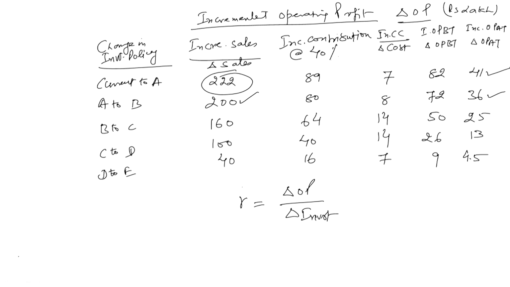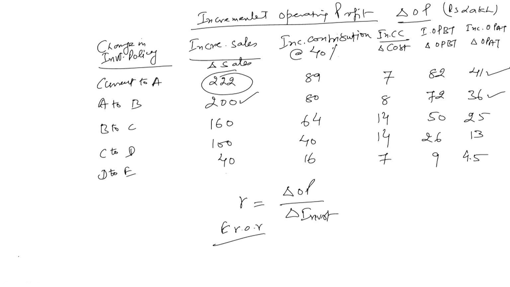So now we have to take a decision on what to do here, and we have to calculate R. R is the expected rate of return. If we compare this expected rate of return R with the required rate of return, then we can make a decision.